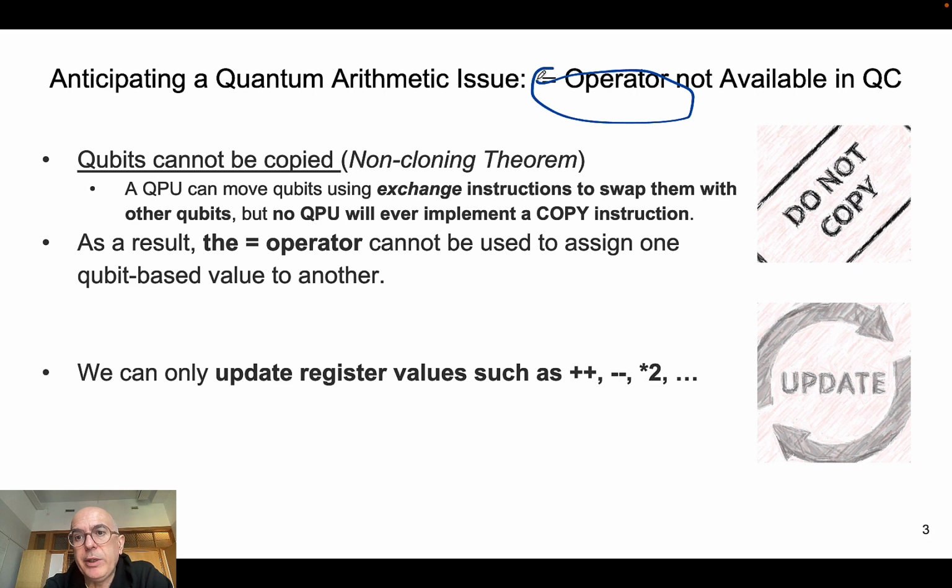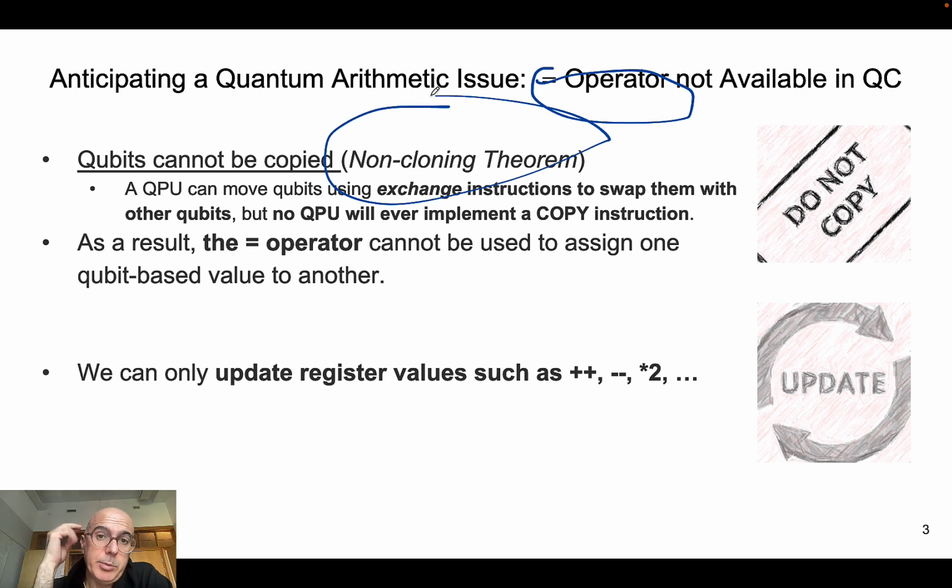The equal operator is not available in quantum computing, and one of the fundamental reasons is that qubits cannot really be copied because of the no-cloning theorem. So a QPU can move qubits using an exchange instruction, as we will see later through a swap operator, but a QPU will never implement a copy instruction.